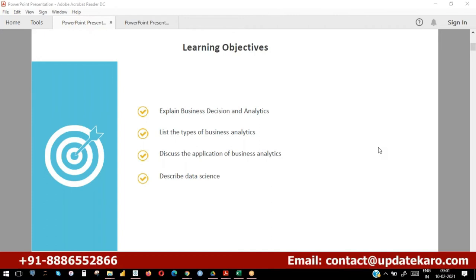So to develop your business, you have to do some analysis. When analysis comes, you need some data and some tools, right? If you don't have data, you cannot perform any analysis. First of all, to perform any analysis, you need data.